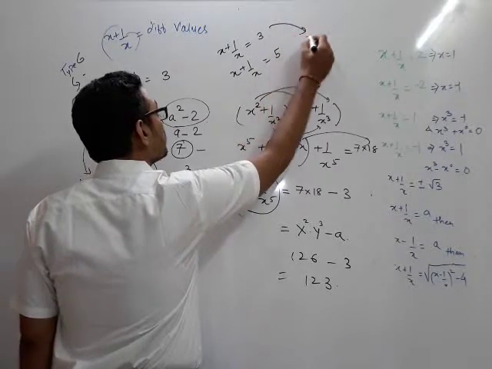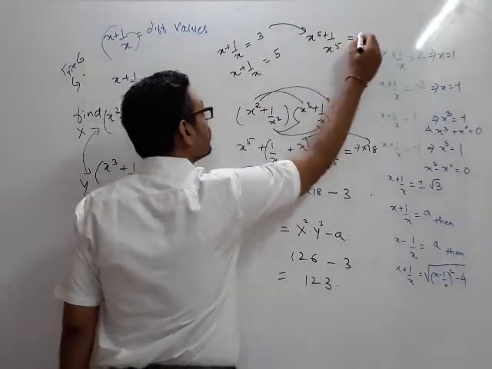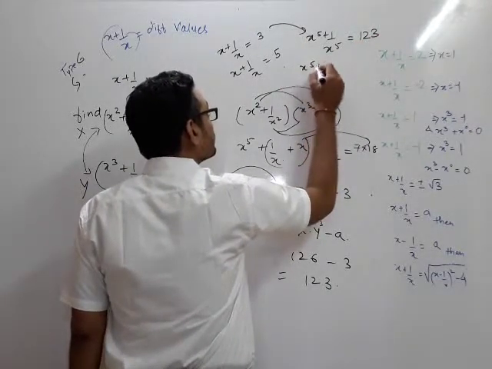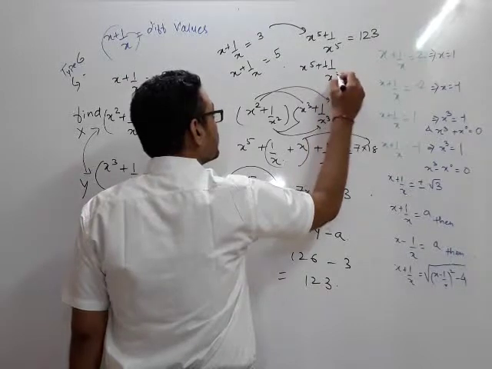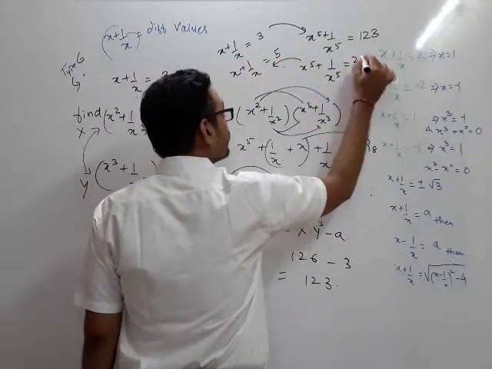For x raised to 5 plus 1 by x raised to 5, it will be 123. For the other value it will be 2525.